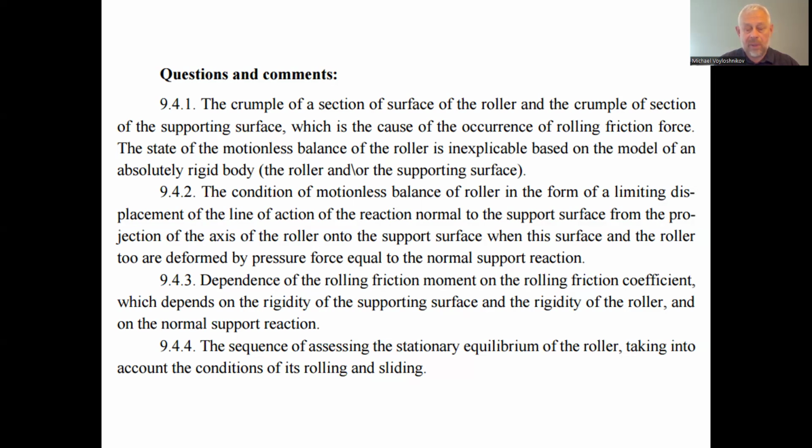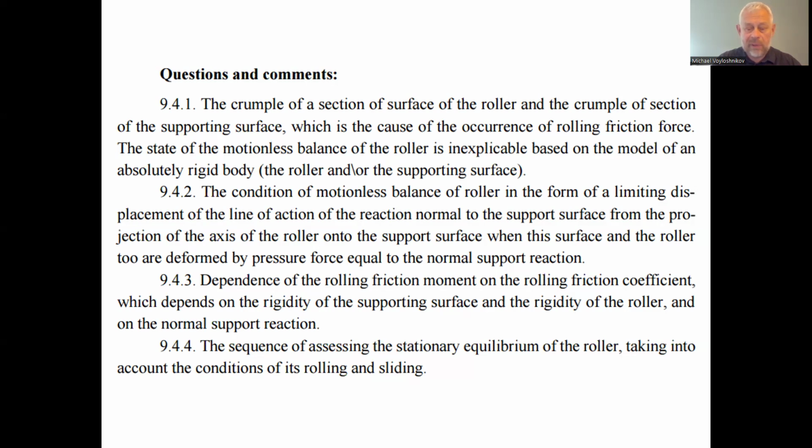The motionless balance of the roller holds if the force is not enough to cause a rotating moment greater than the weight of the wheel multiplied by the arm arising due to the deformation of the wheel and the supporting surface.